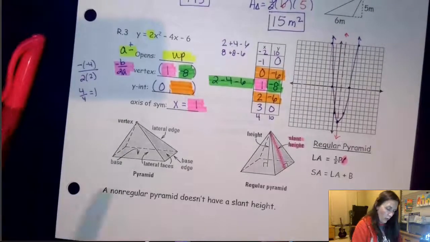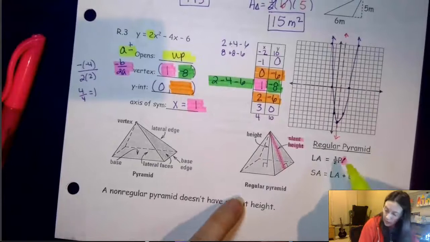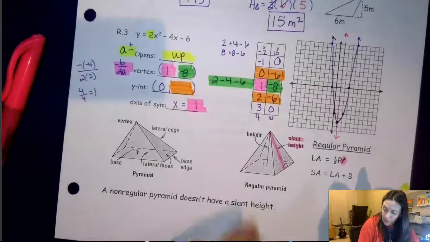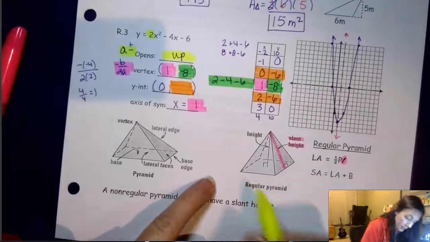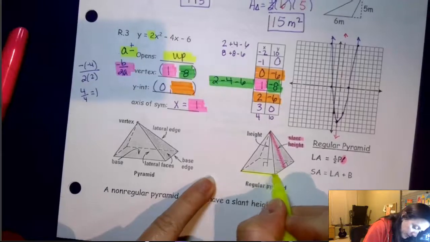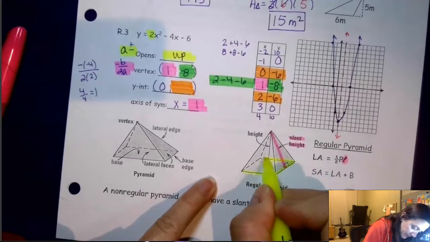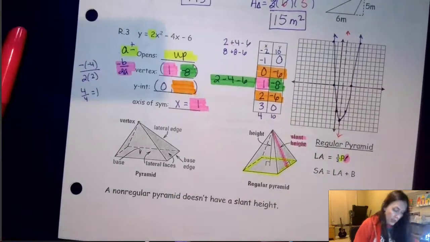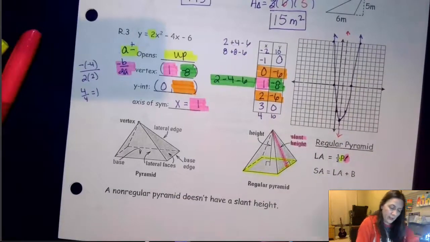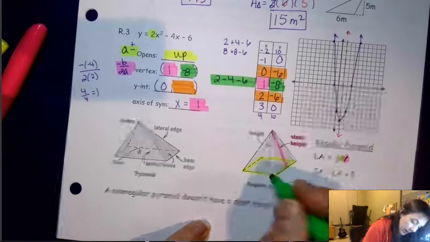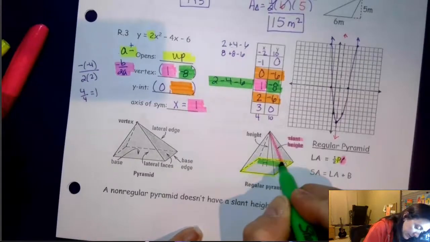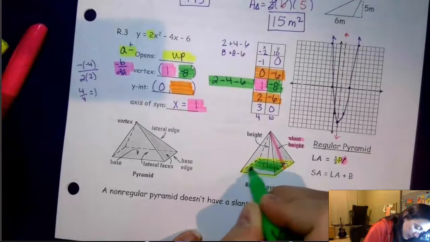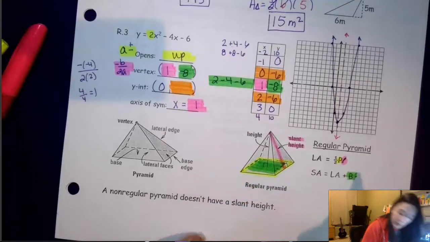Now, 1/2 the perimeter of the base. The perimeter is this length down here. And this capital B stands for area of the base. So the area of the base goes there.